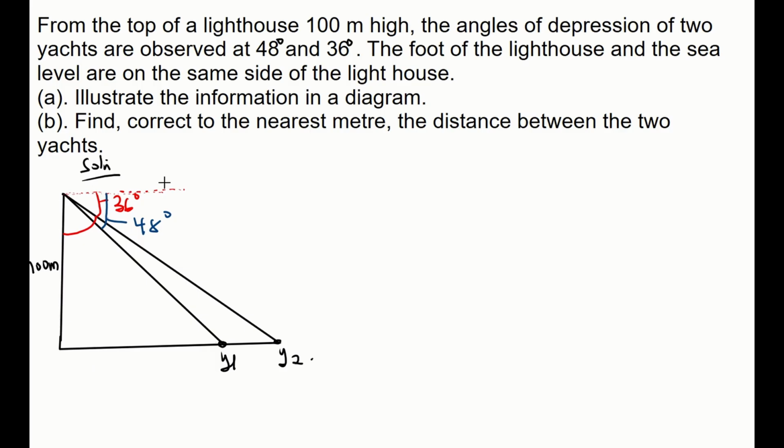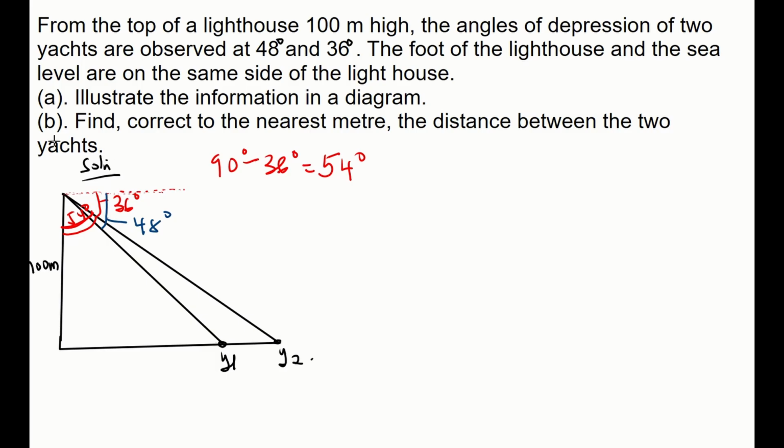Calculating the angle it makes with the lighthouse, this is the red one, it is 90 degrees minus 36 degrees, which gives us 54 degrees. So from here up to here, the angle it makes is 54 degrees.